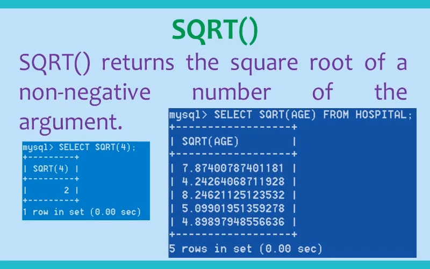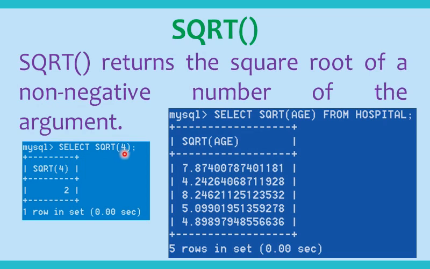Next function is the SQRT function. SQRT returns the square root of a non-negative number argument. Means the SQRT function returns the square root of a number, and the one argument it takes should be non-negative. Here I have written the command select SQRT 4. It returns 2. Square root of 4 is 2. Again suppose we write select SQRT 64.